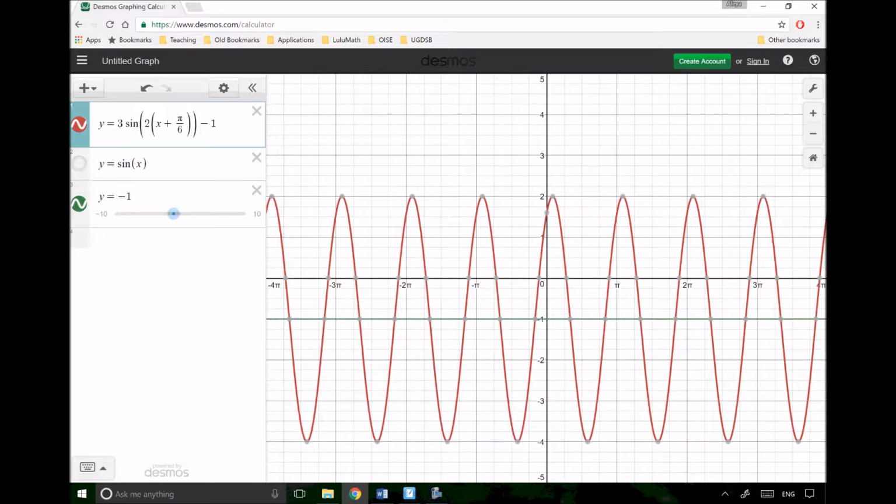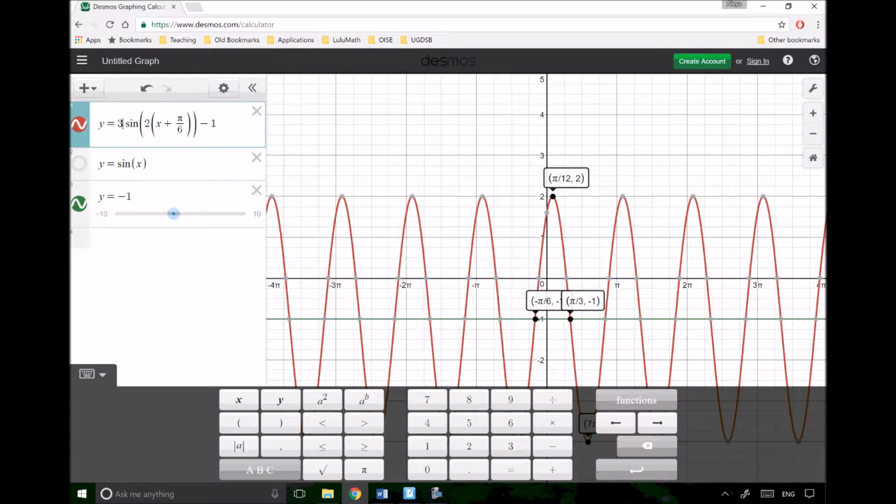Okay, so now, the next thing I want to notice is that instead of starting at negative 1 and just going up by 1 and down by 1, it actually starts at negative 1 and goes all the way up to 2, and then it goes back down to negative 1, and then it goes down to negative 4. So if you notice, to go from my axis to my maximum, it's going up by 3, and to go from my axis to my minimum, it's also going down by 3.